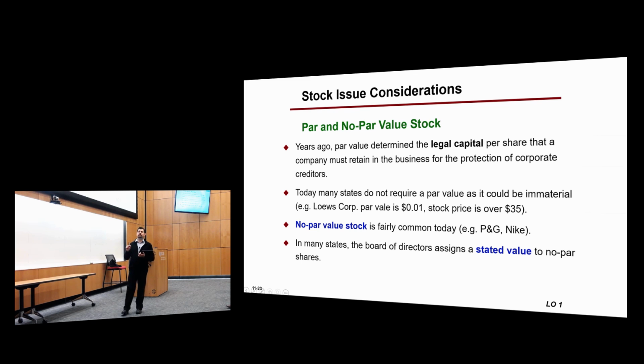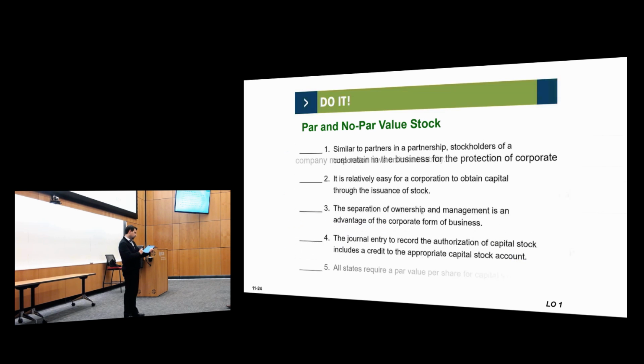So instead of having a par value, which would be mentioned in the charter granted by the state, if the state does not specify par value, the board of directors might assign a stated value. It is treated in the same way, but this is stated by the board of directors. Okay? We will learn how, and there are actually certain stocks that have neither. In this case, everything will go to common stock. So let's see how we account for these.